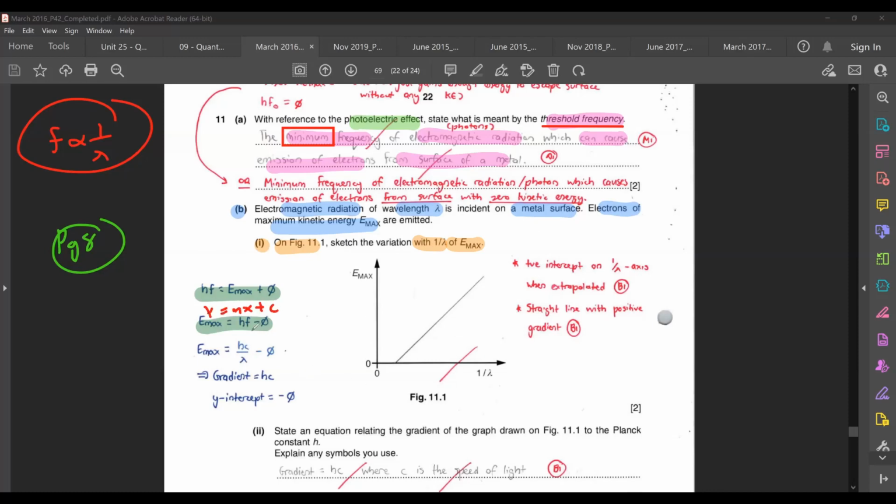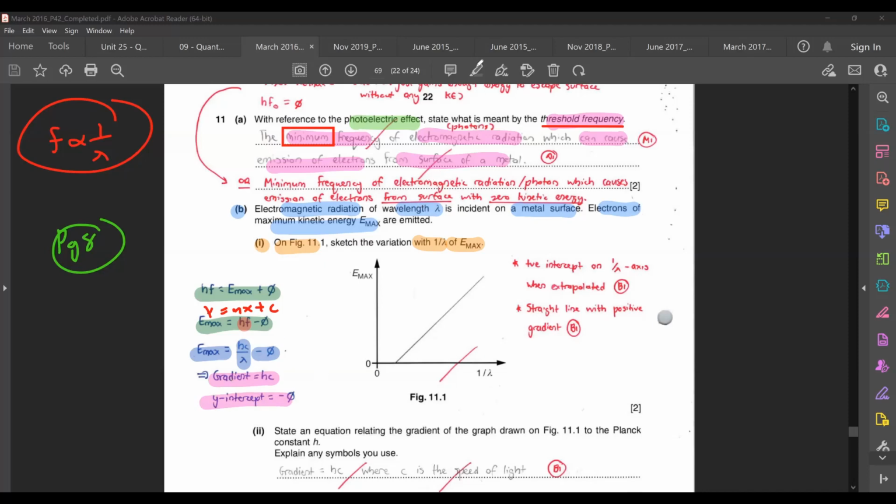But because right now you're not dealing with frequency, but instead you're dealing with wavelength, your hf here you eventually need to change to hc over lambda. So your equation becomes Emax equals hc over lambda minus phi, from which you already should know from the previous question, gradient is your hc, your y-intercept is your negative work function.